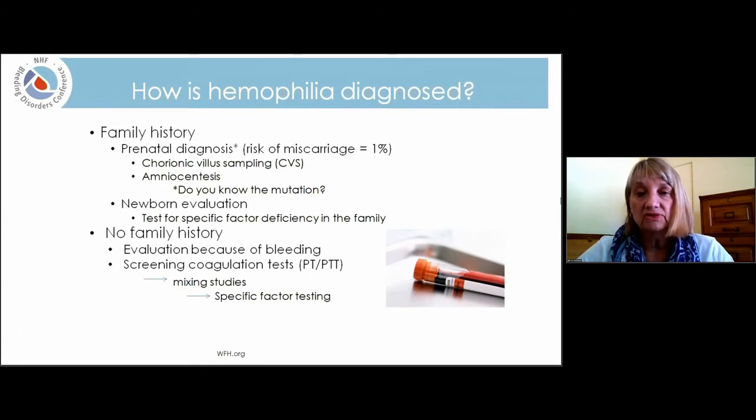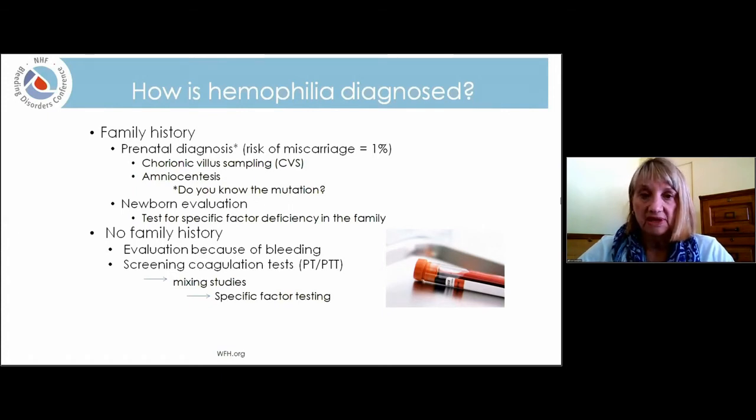And you really do need to know the mutation that exists in your family. So if there's a living relative, or if the mutation has been identified in the past through My Life Our Future or through your HTC, and we know that mutation, we can do this chorionic villus sampling and amniocentesis and see if the baby has that same mutation, thus determining whether or not they're affected.